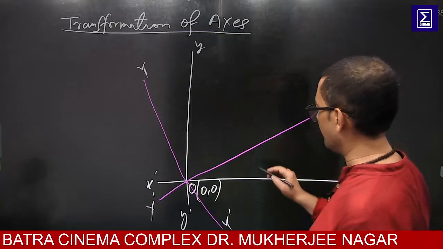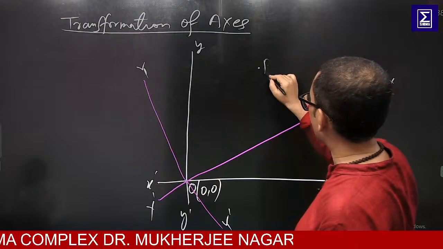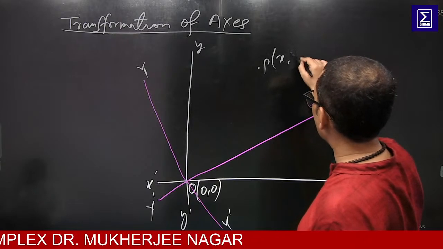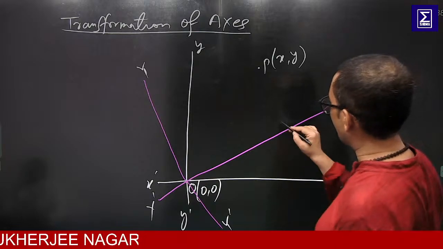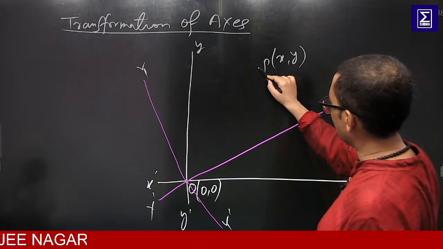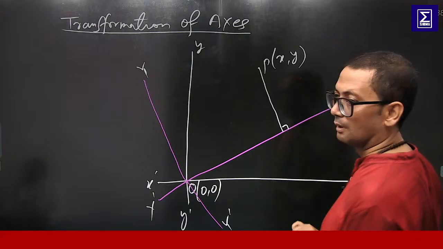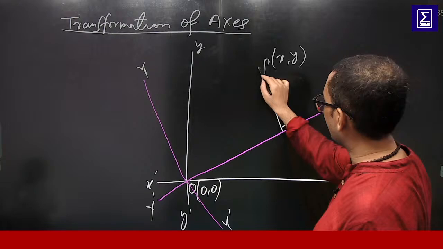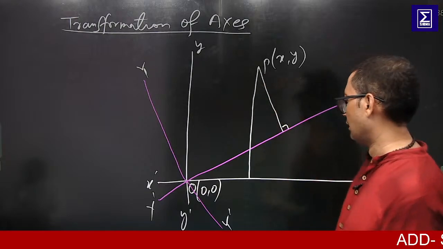Let's take a point P, and the coordinate of P is x comma y. So what will happen? We have to draw the perpendicular on the new axis, and again we have to draw the perpendicular on the old axis.